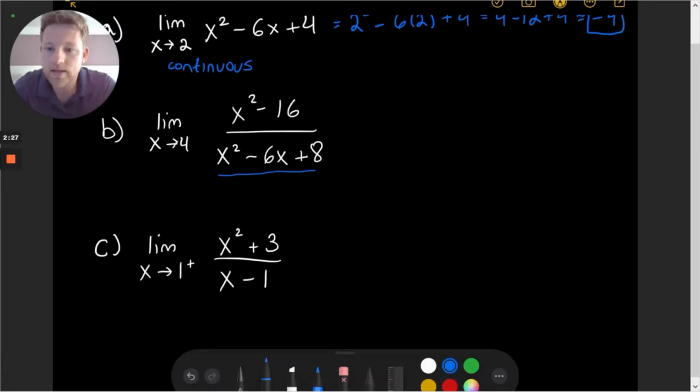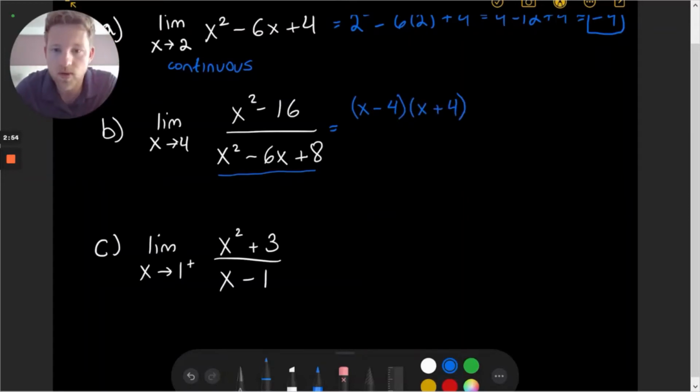So one technique we can use is to think about if we can factor that problem out. Let's take a look at factoring both the numerator and denominator if we can. The numerator looks like a difference of squares, so that would be x minus 4 and then x plus 4.